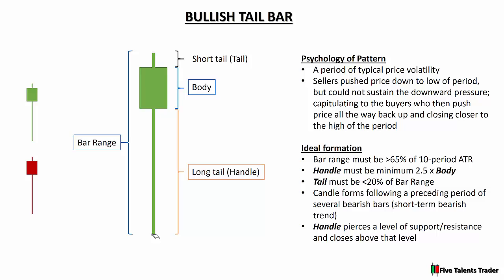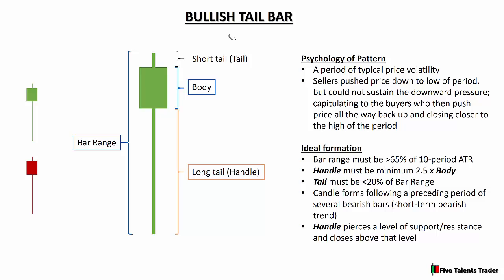Logically, I will expect that price will continue to go in the direction that the buyers started to push price. So my expectation is that in the next period, I should be expecting to see a bullish formation bar in that direction.